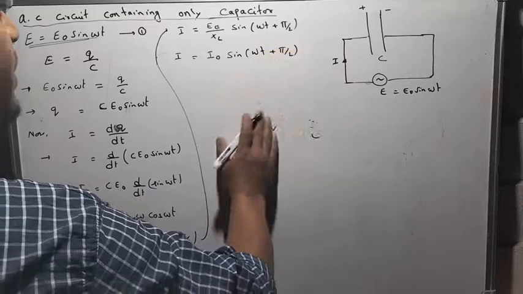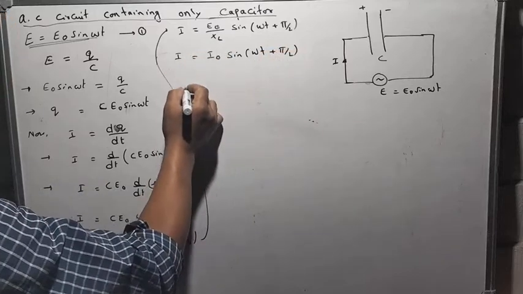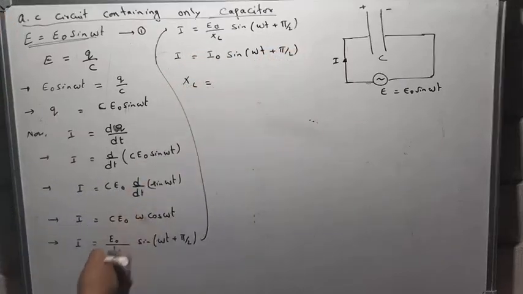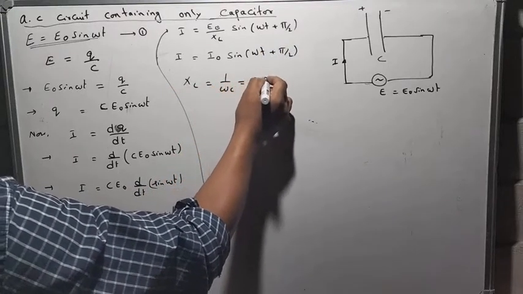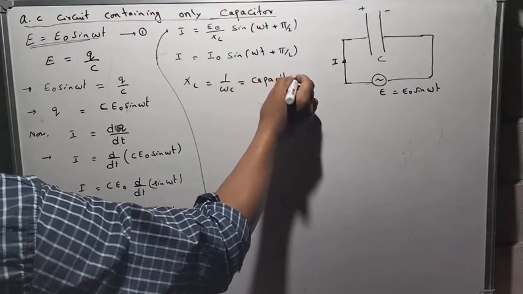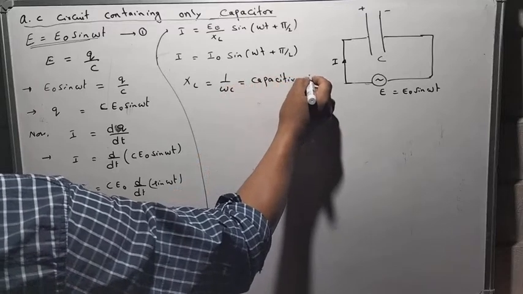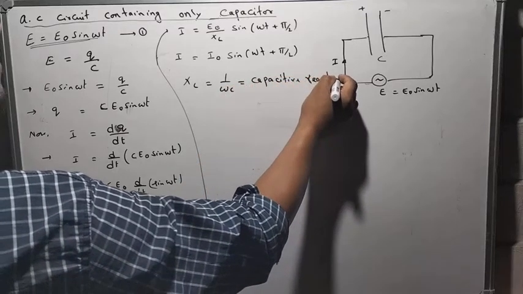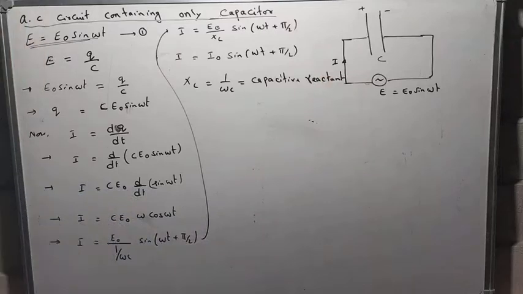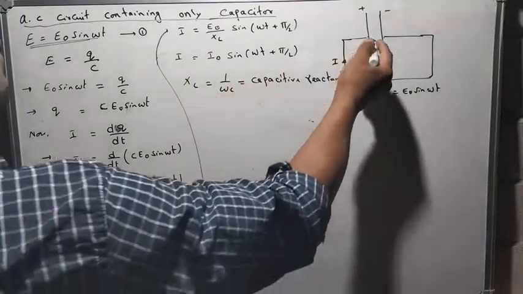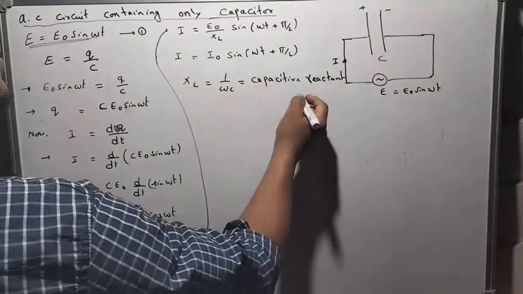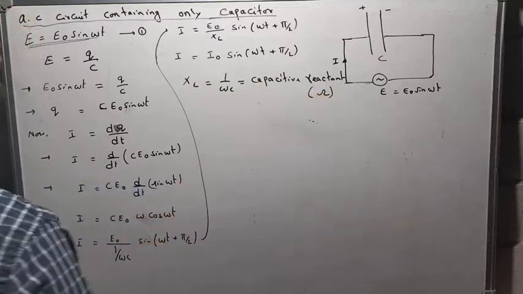You have to mention how much is XL, where XL in this case is equal to 1 upon omega C, and it is known as the capacitive reactance. So this capacitive reactance is like the resistance. Therefore I can say this capacitive reactance is the resistance offered by the capacitor. It is measured in ohm.